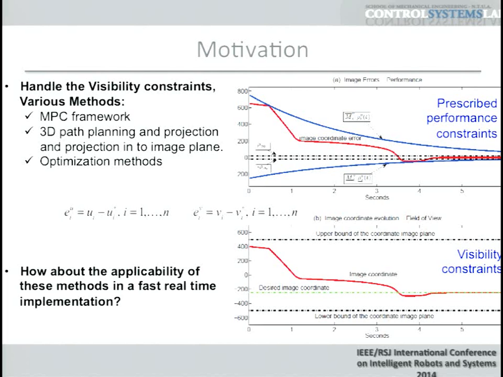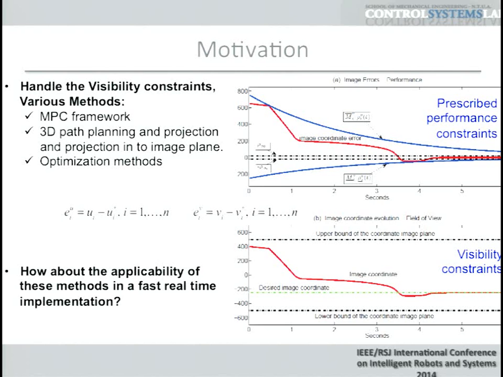Several solutions have been proposed for this, like model predictive control approaches, 3D path planning and projection of the image plane, or optimization methods. But most of those methods suffer from computational complexity, which makes them very difficult to implement in real time.